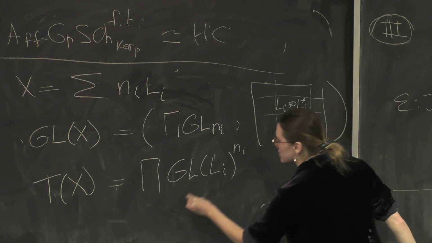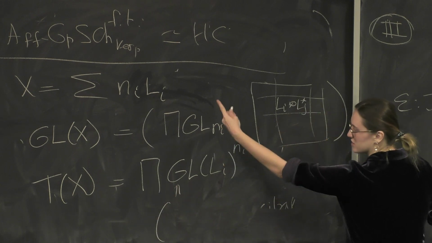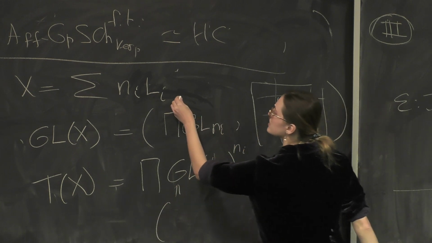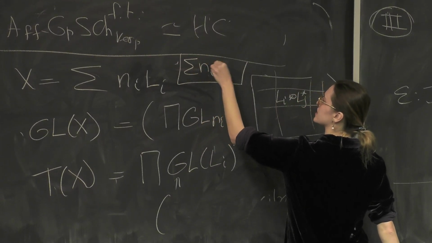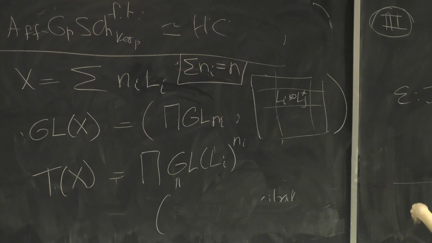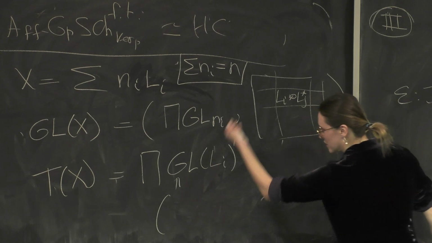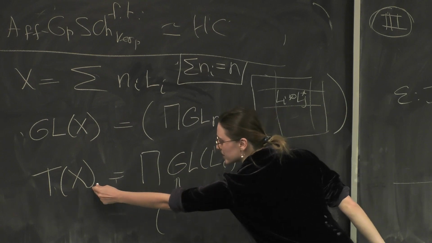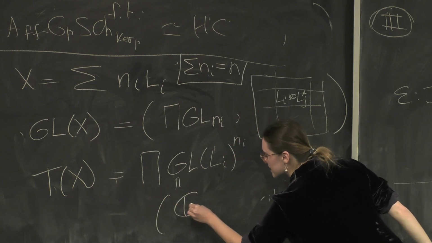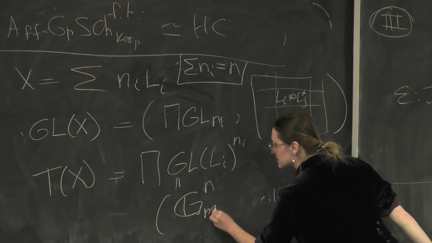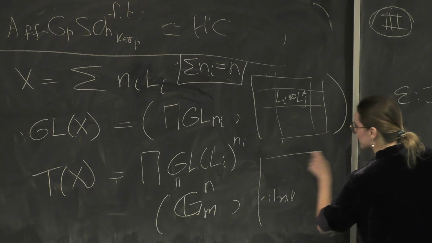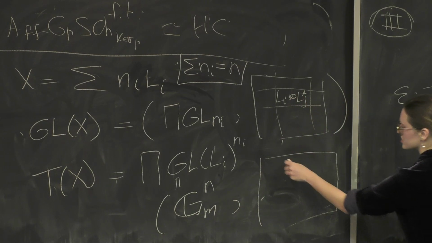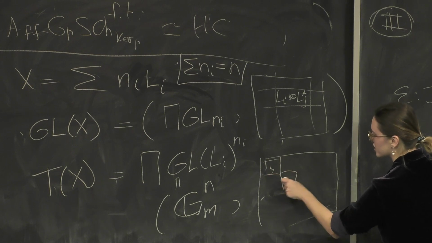As a Harish-Chandra pair, let me introduce the constant n, which is the sum of all n_i's, just the number of indecomposable components in X. The corresponding even group here will be precisely the n-dimensional torus, and the Lie subalgebra is just the thing that sits on the diagonal.